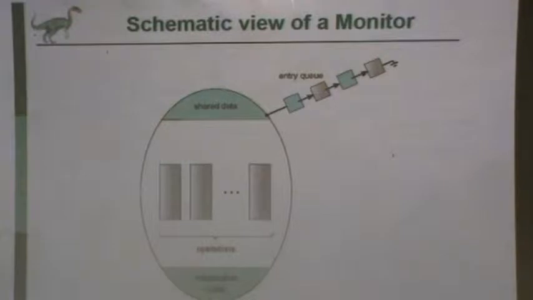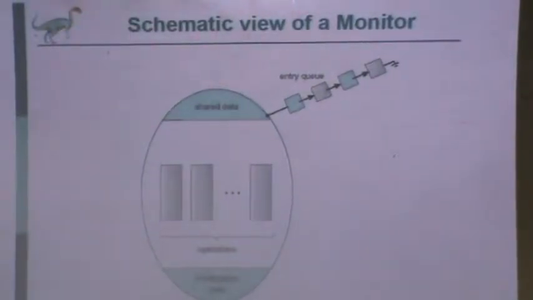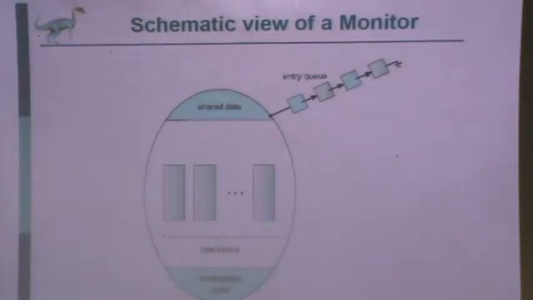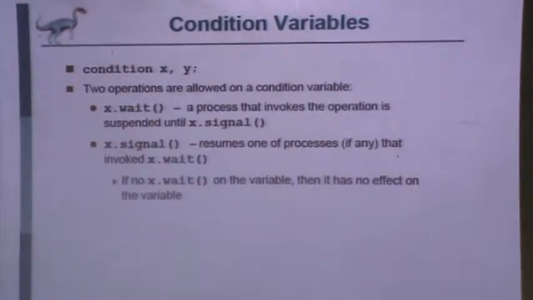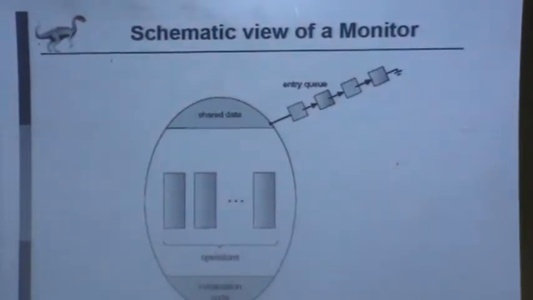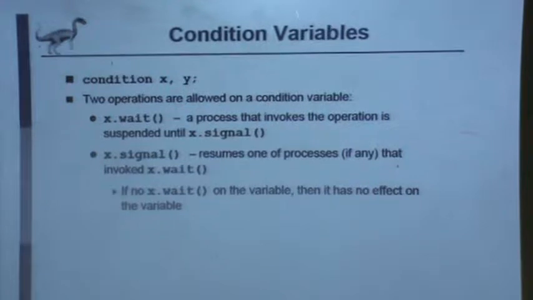Then the problem: how many threads? Only one thread. And what about another thread? No guarantee. It should be first come, first served or something like that. To address that, we can have another variable inside the monitor, that is a condition variable.